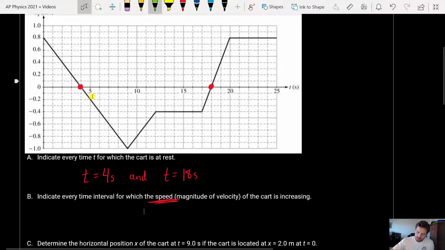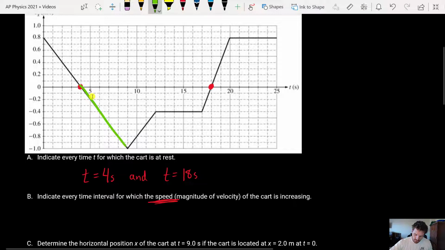So the only places where that happens are right here. We got this little line segment, right? So that's from 4 all the way to 9 seconds. And then the only other time that our graph is going away from 0 is from there to there. So this is 18 to 20.